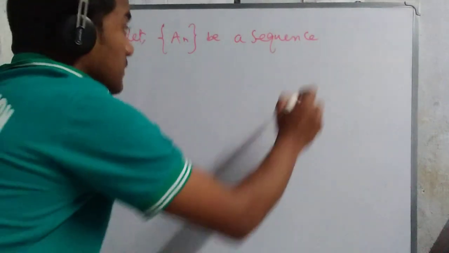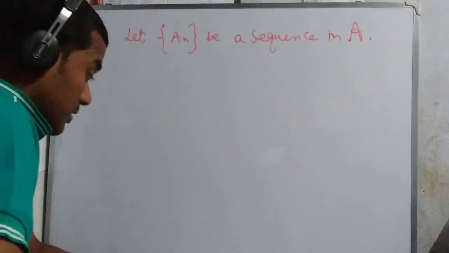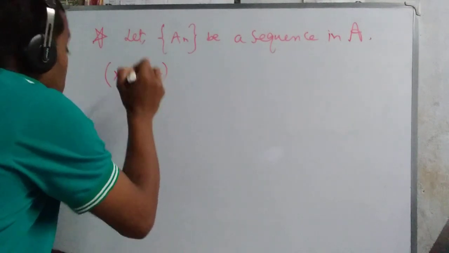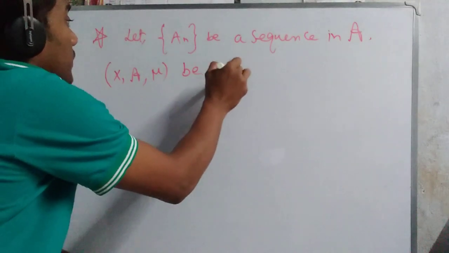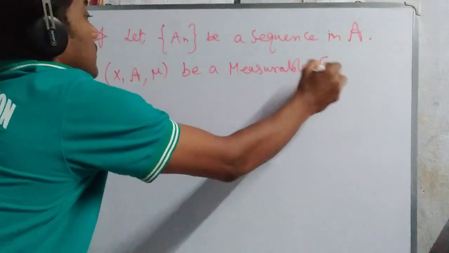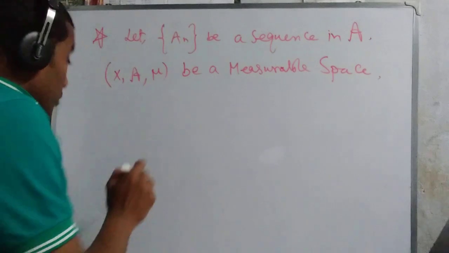Let A_n be a sequence in this collection. Let X, F, mu be a measurable space. Then what happened?